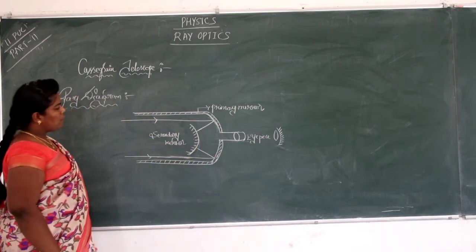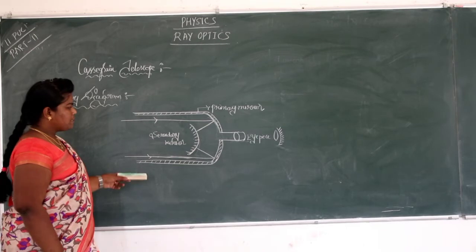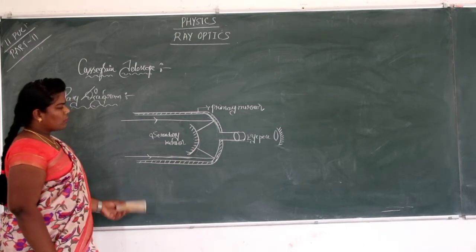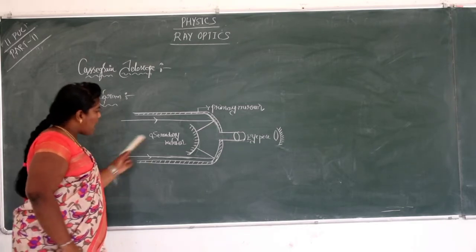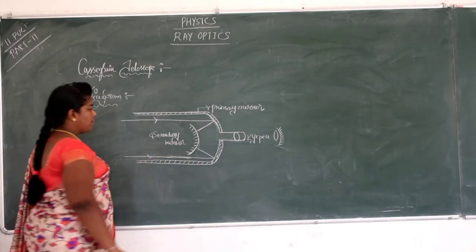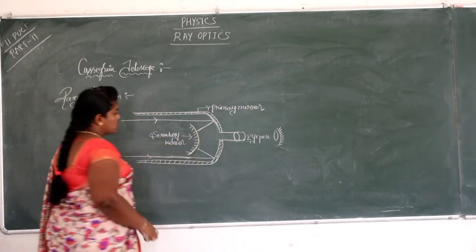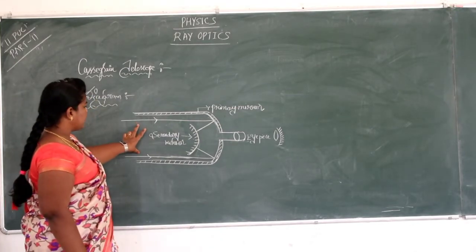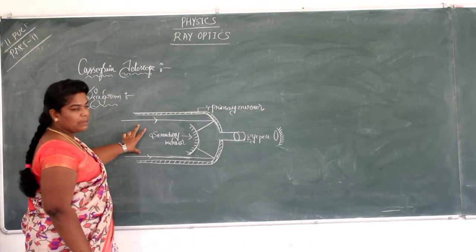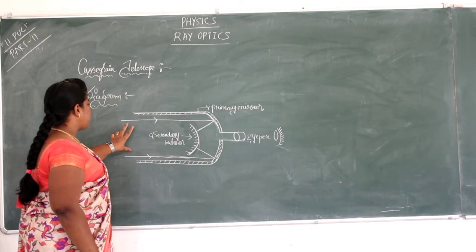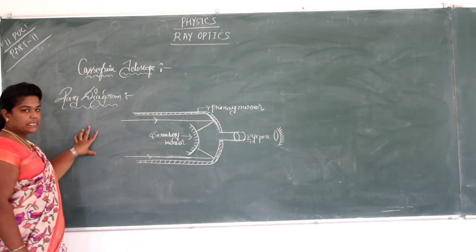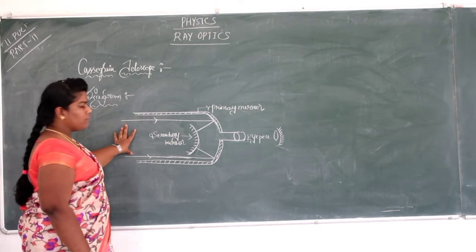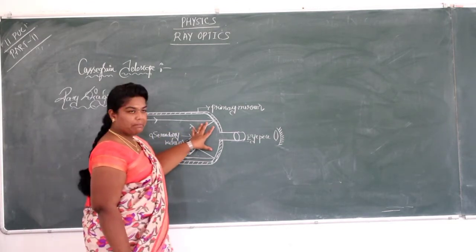But at the principal focus, what did we keep? We kept a convex mirror, so that before converging at the principal focus, the rays reflect back from the secondary mirror. I am repeating again, my dear students: the parallel beam of light coming from a very far away object falls on the primary mirror.